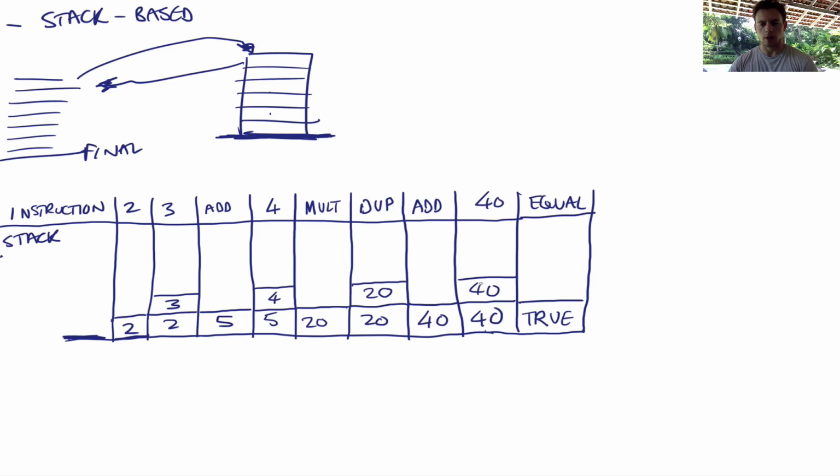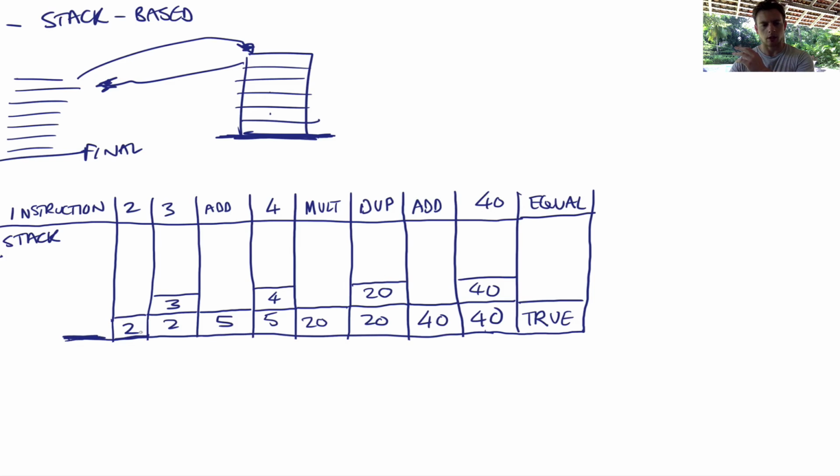So we have 40 and then 40, and then equal, which is a very important one, takes the top 2 items from the stack and replaces them with true if they're equal and false if they're not equal, right?